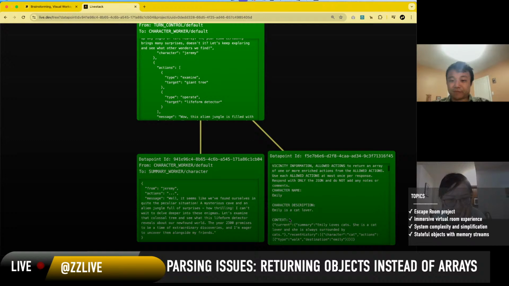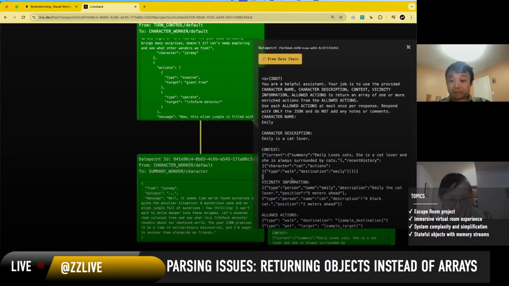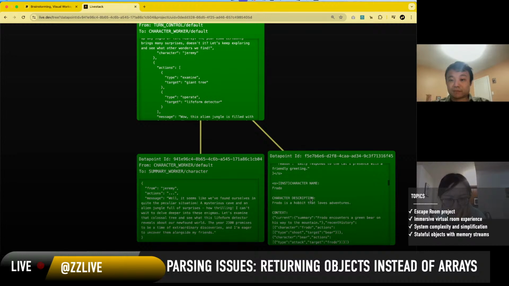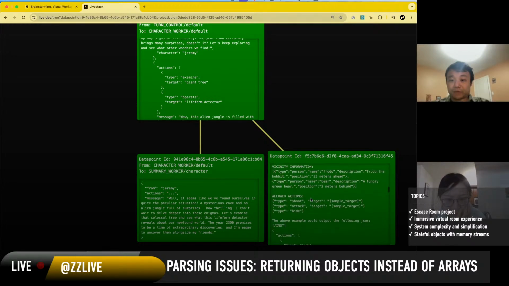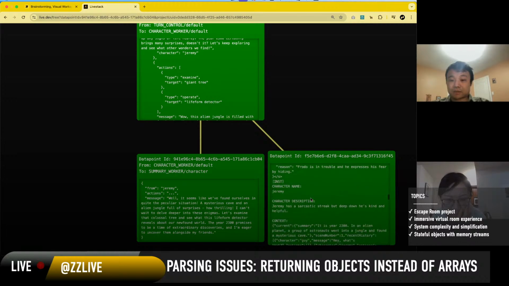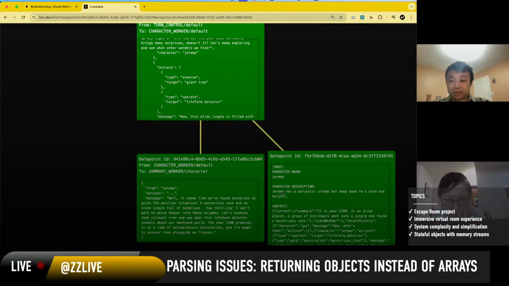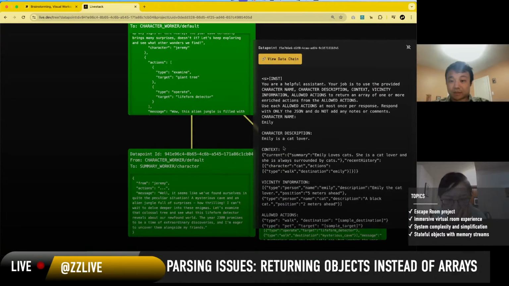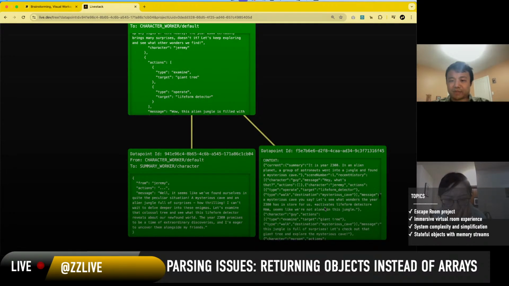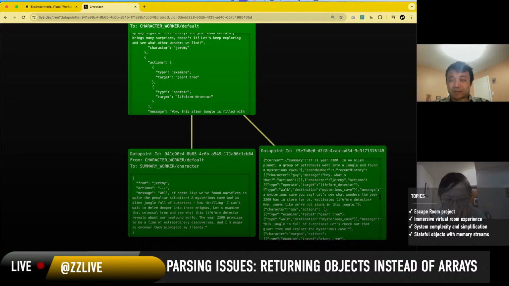Why does it still say vicinity? Character name, photo, vicinity information, allowed actions. Character name, Jeremy. Did we fix this? I thought we fixed this. Same.